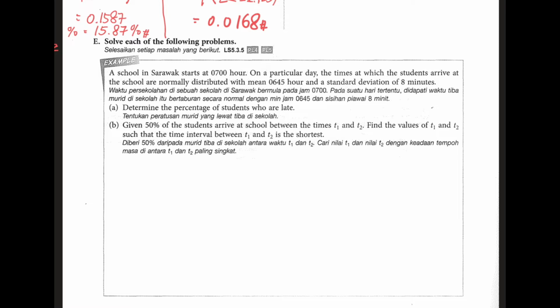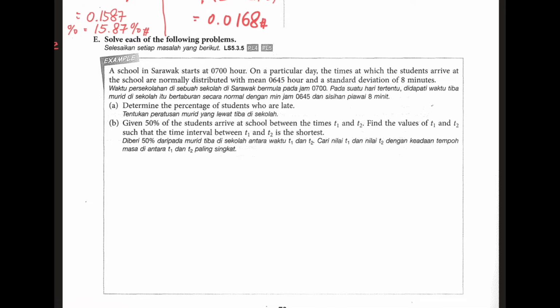Okay, now I write it down first. First of all, we need to know that the mean is... no, it's not.